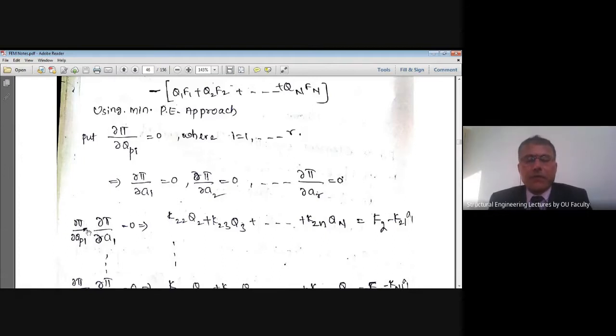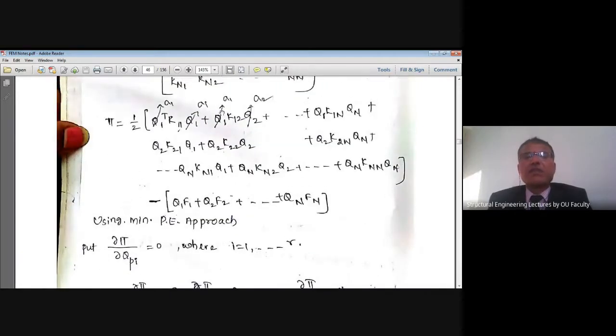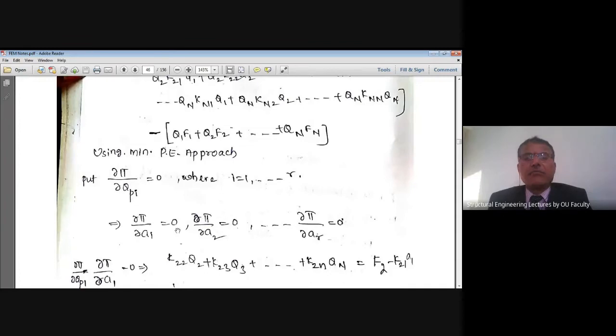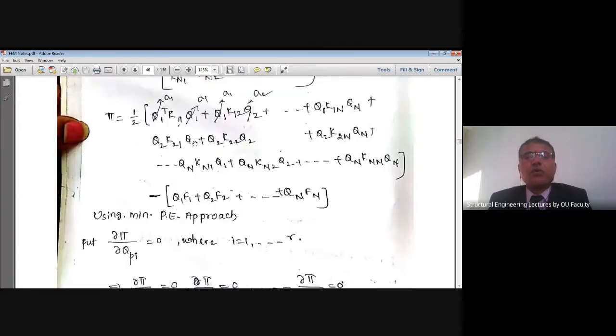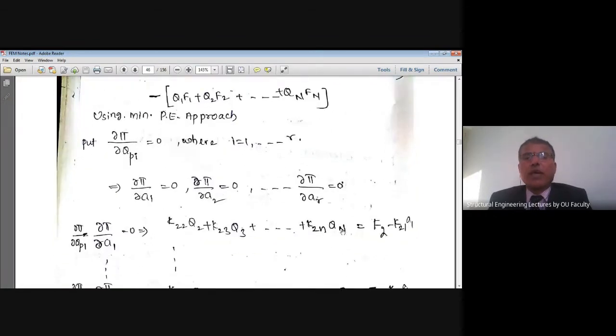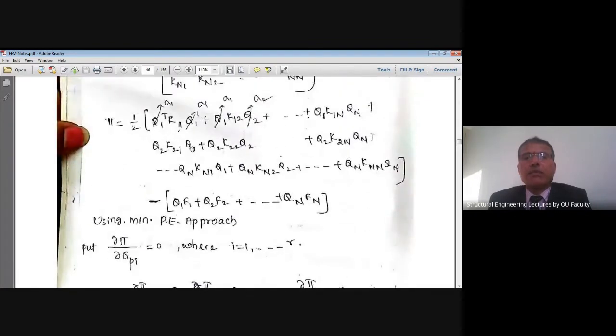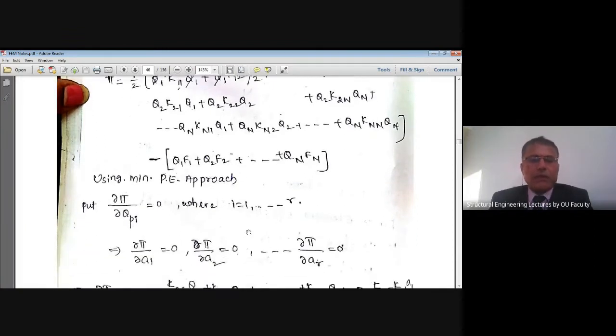Therefore, it leads to ∂π/∂A1 equal to 0, or that gives K22 multiplied by Q2, plus K23 multiplied by Q3, up to K2n multiplied by Qn from this second one. Here in the above equation, what I did is just substitute Q1 is equal to A1. That's it, right?